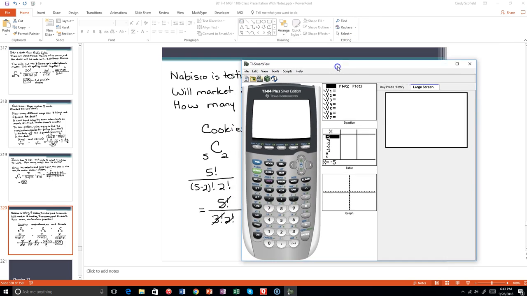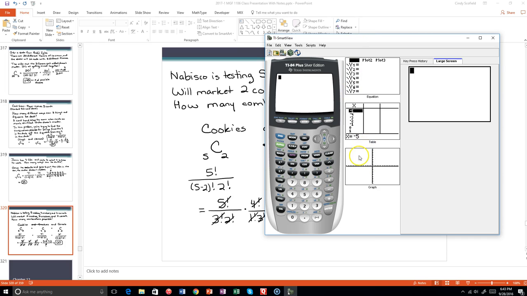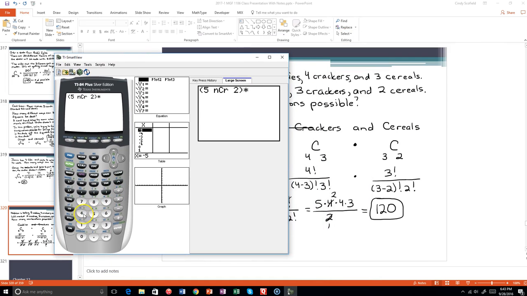In fact, you can do this: parentheses, 5 combination 2, close parentheses, times parentheses, 4 combination 3, close parentheses, times parentheses, 3 combination 2.